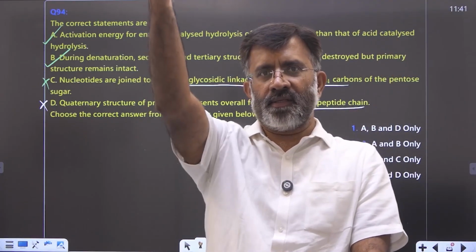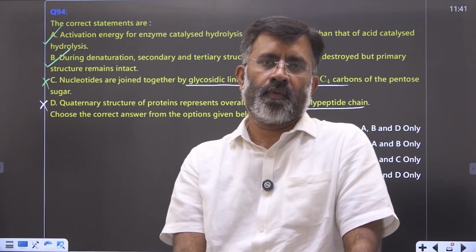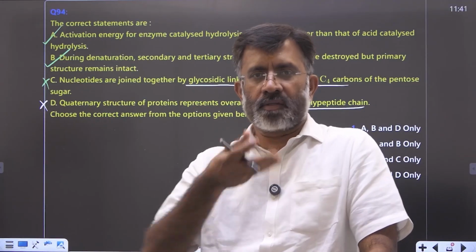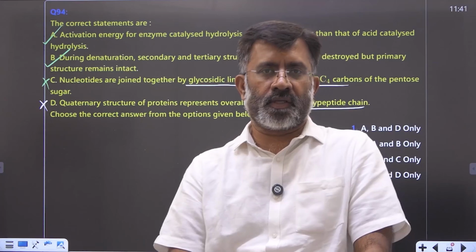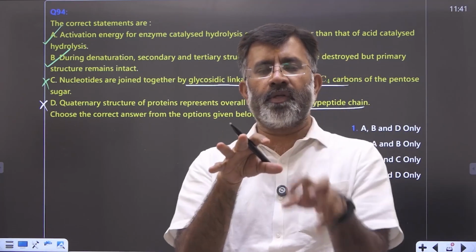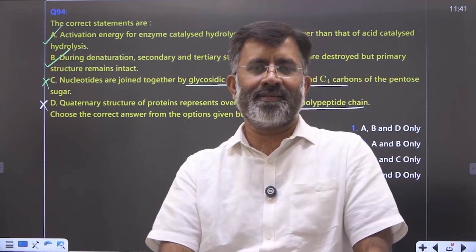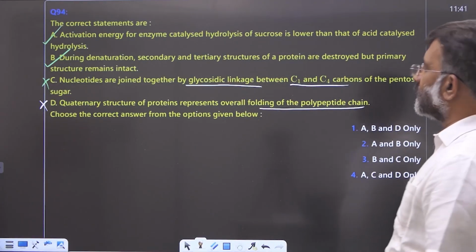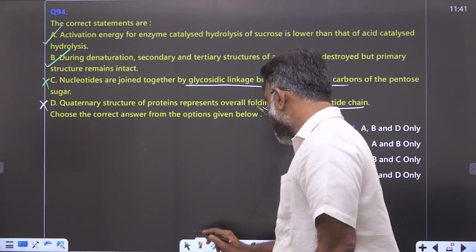Primary structure means a specific sequence. Coiling of that sequence is called a secondary structure. Further coiling is called a tertiary structure. Including the subunits is called a quaternary structure. Okay. So the answer is A and B.